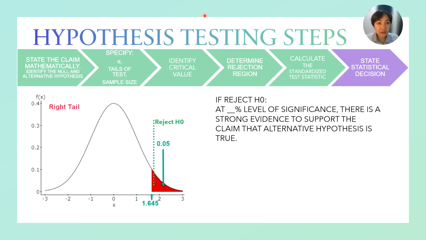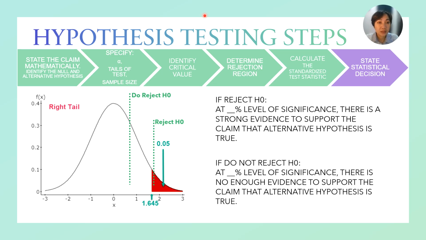If it does not enter the rejection region, then we do not reject the null hypothesis. You can state the conclusion this way. At some percent level of significance, there is not enough evidence to support the claim that the alternative hypothesis is true. These conclusions are stated in a strict probabilistic way, if you can notice.